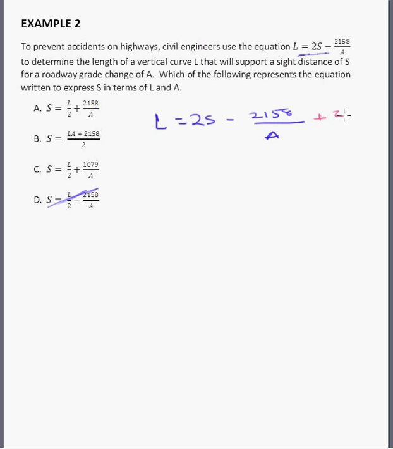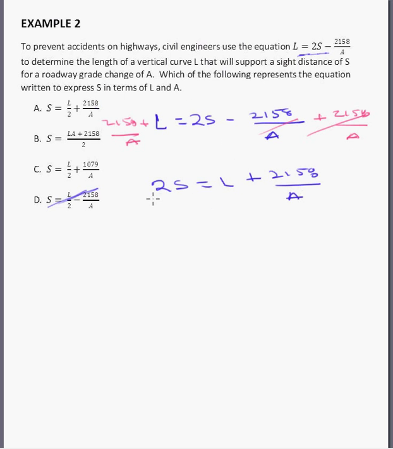We're going to do 2158 over A, and therefore we have to add 2158 also over A here. You see, if you do that, this will end up canceling that, right? And therefore our 2s becomes L plus 2158 divided by A.